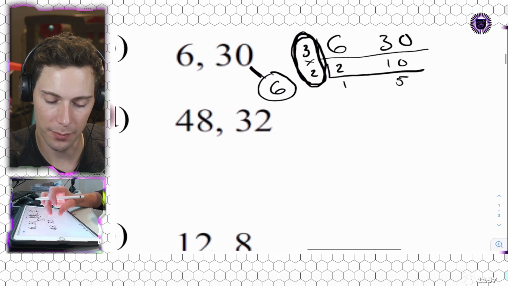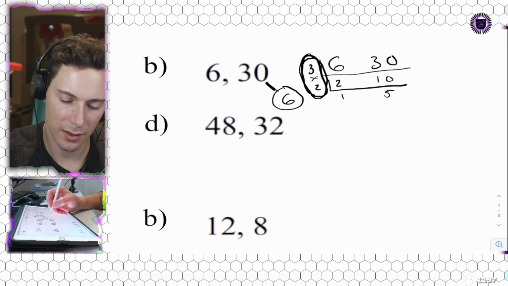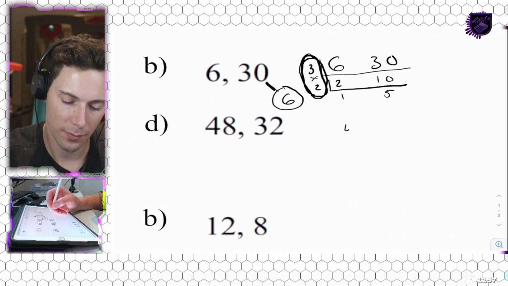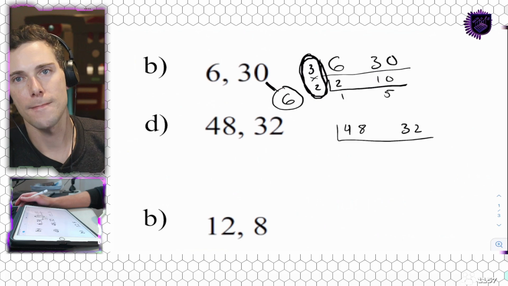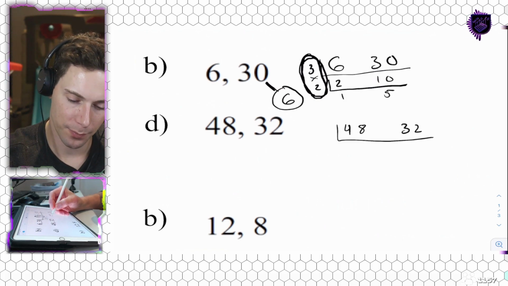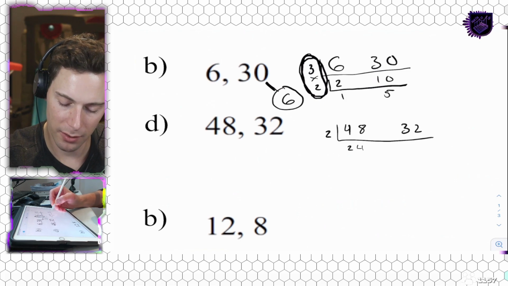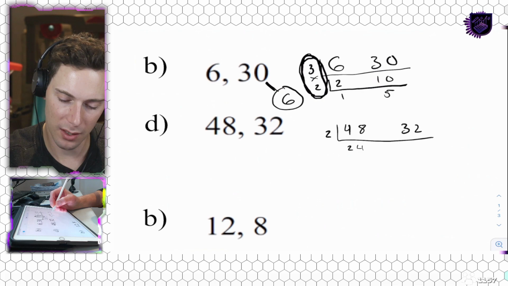48, 32. Now, let's take steps again. I know 48 and 32 have a common factor of 2. And that would be 24 and 16.